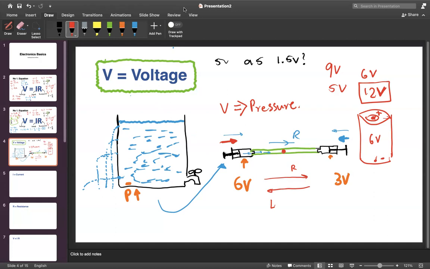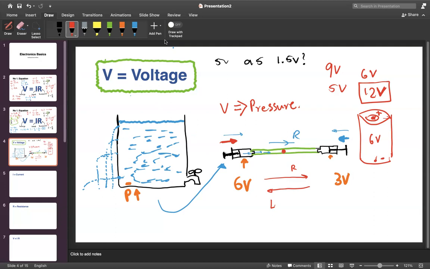Dulnita, what do you think? To the right. Why is that? Because the pressure is high. Right, because the voltage is high, right? Okay, do you understand? Yes, sir.